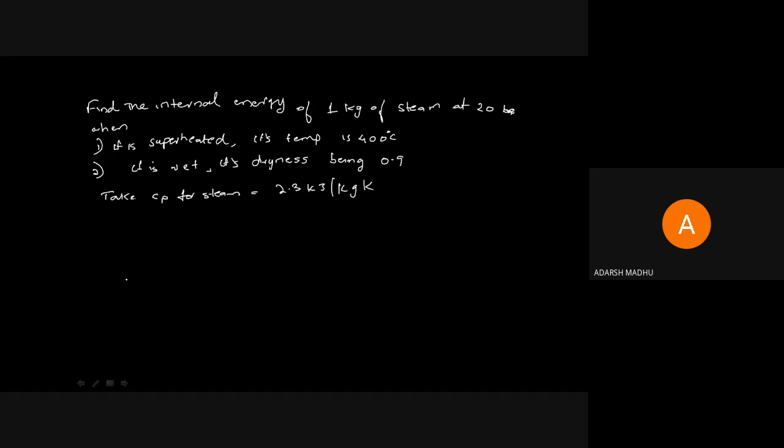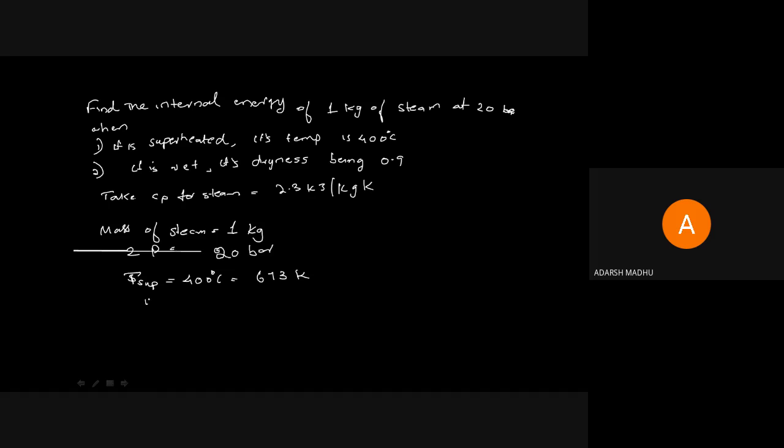So first, write down given data. Mass of steam is given as 1 kilogram. Pressure is given 20 bar. Superheated temperature T superheat is given as 400 degrees Celsius, equal to 400 plus 273, 673 Kelvin.